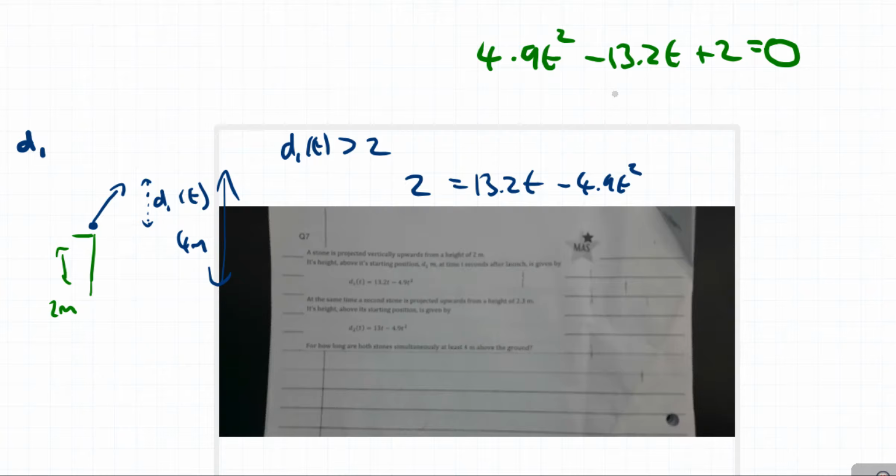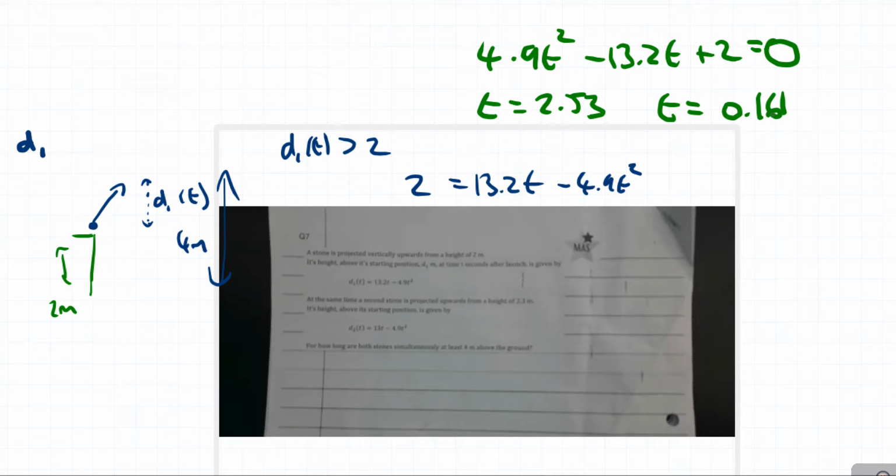Then on your calculator you're going to solve this directly. You go to equation of function, polynomial, second degree, and then plug your values in: 4.9, minus 13.2, plus 2, and you get a t value of 2.53 and a second t value of 0.161.